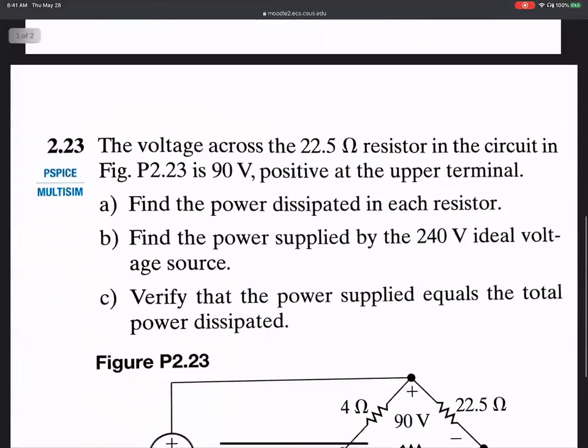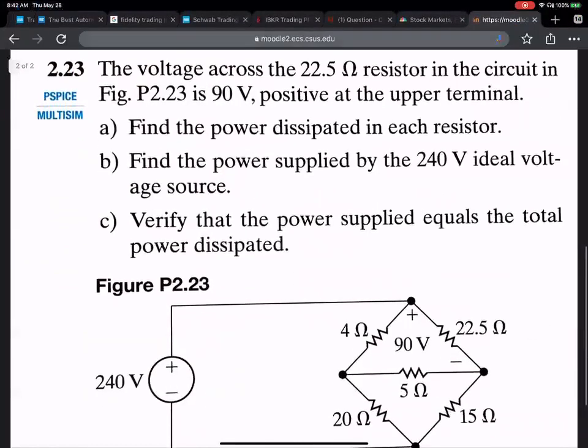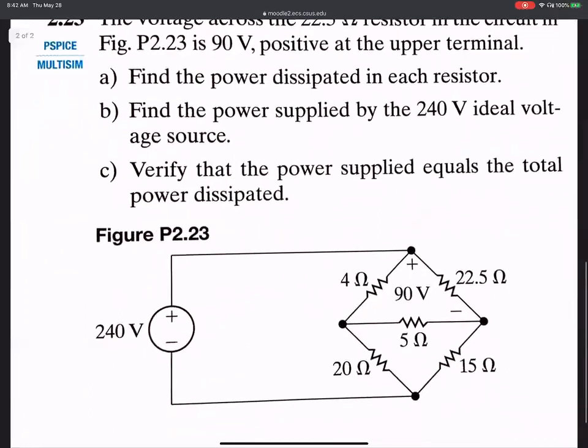So let's solve another problem. Let's solve problem number 2.23. Find the voltage across this 22.5 ohm resistance, given to be 90 volts in this circuit, positive at the upper terminal and negative at the lower terminal. Find the power dissipated in each resistance.